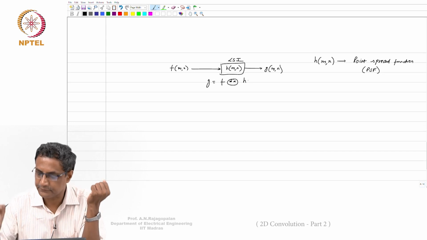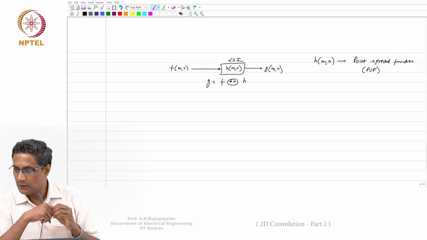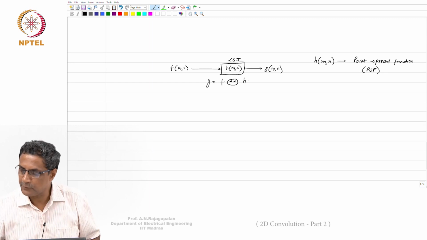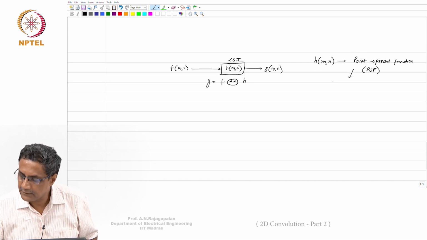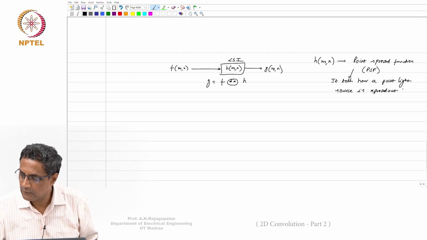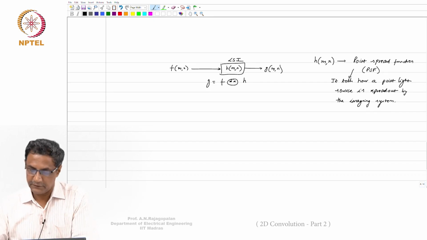So it's called a point spread function because it tells how a point light source is spread out by the imaging system, in this case of course a lens based imaging system.